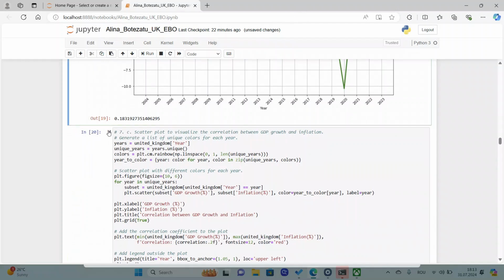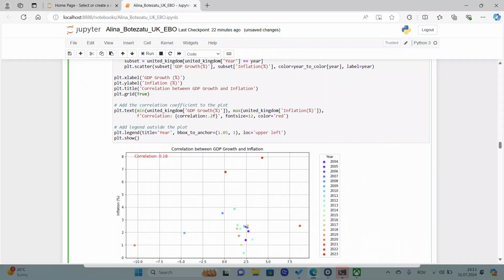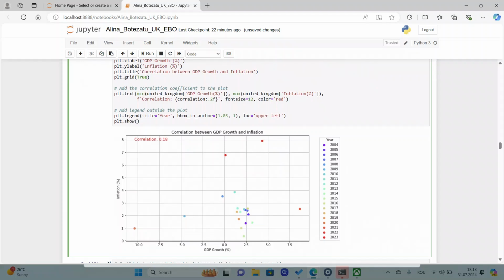Then I did a scatter plot to visualize the correlation between GDP growth and inflation. This scatter plot has a different color for each year, to see more clearly if there was any year when the correlation was higher and another one when it wasn't.